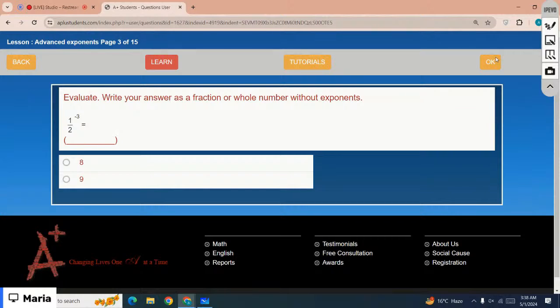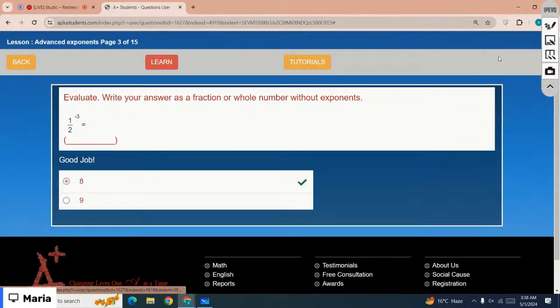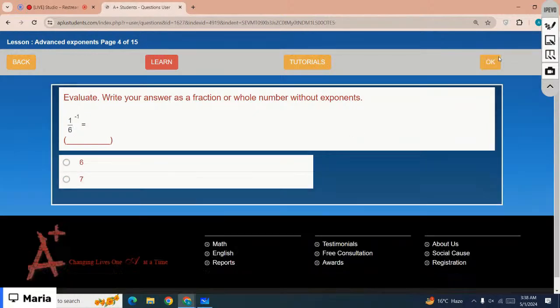The correct option is 8. Option number 1 is the correct option. Okay, evaluate 1 over 6 exponent negative 1. Which is the correct option?